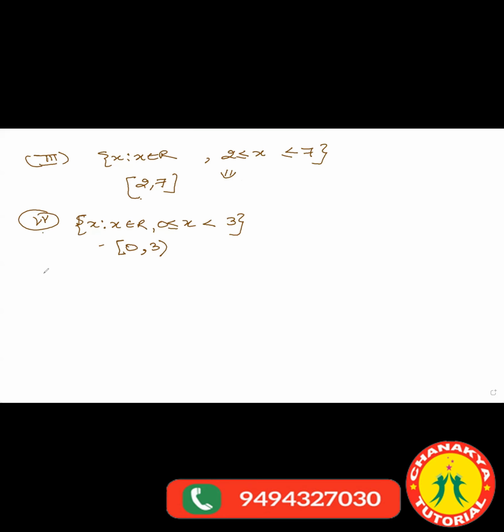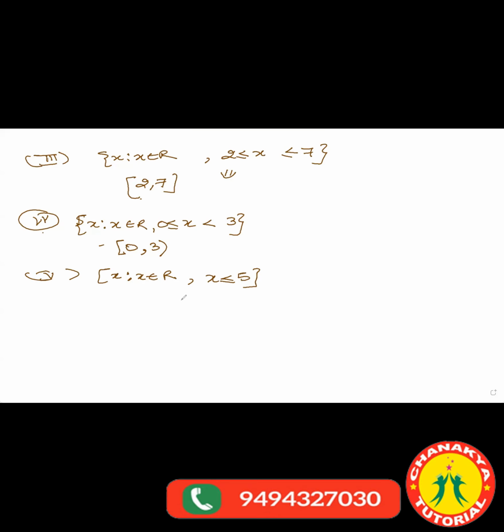Okay, now one more example I am taking. Clear? So, x such that x belongs to real numbers and x is less than or equal to 5. Now children, see here.